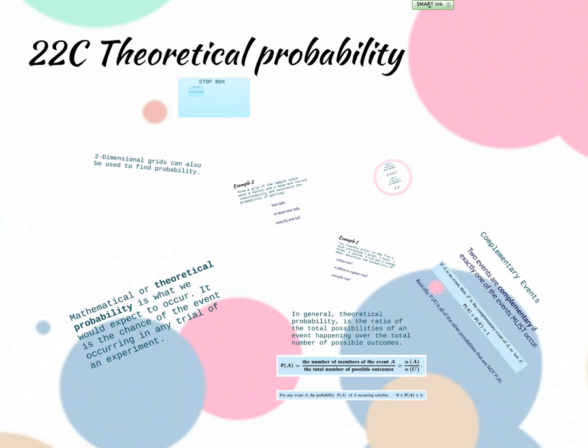I would say that this stuff, theoretical probability, is pretty basic, but I don't know when the last time you guys did probability was. Probably when you took Algebra 1. Hopefully you did it when you took Algebra 1. So since it's been a while, we will review it.